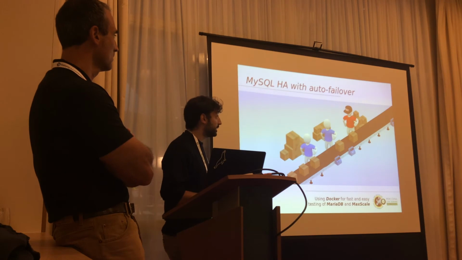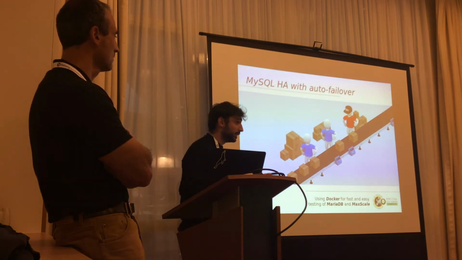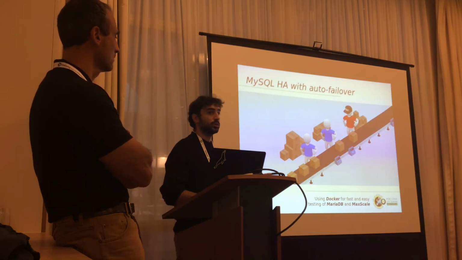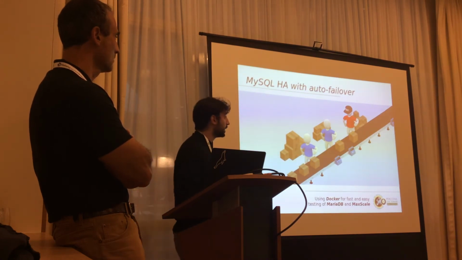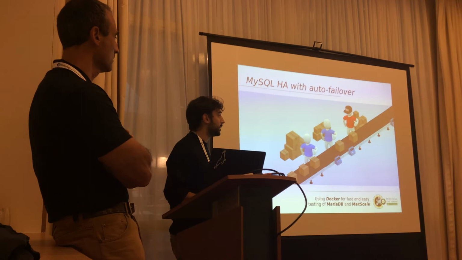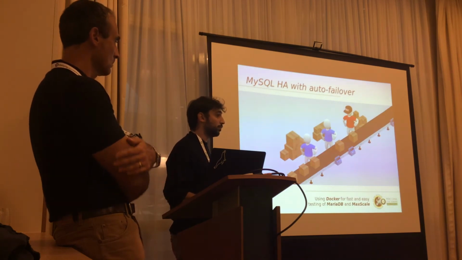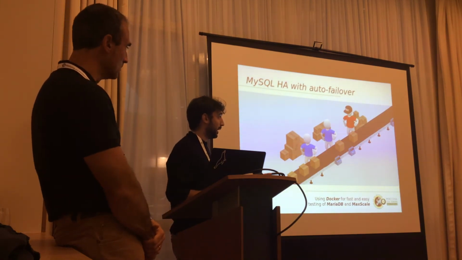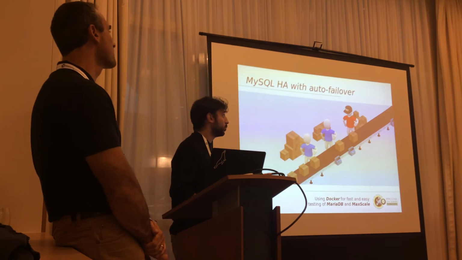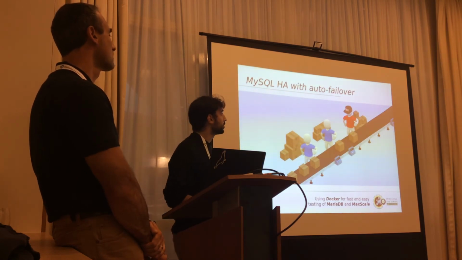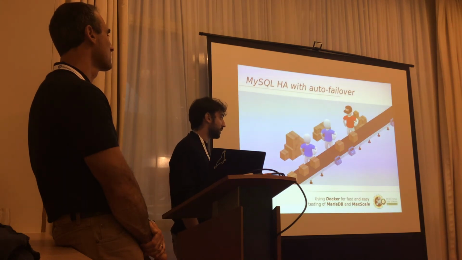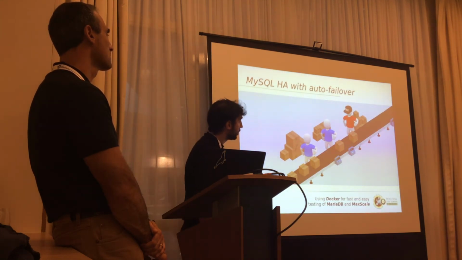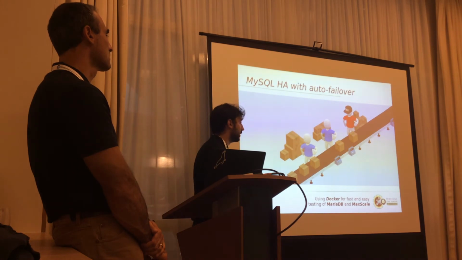The last example is actually something that is still on the way, because in the recent version of MaxScale, the 1.2, they have implemented in the monitor an event mechanism that could be used maybe in the future to perform auto failover when the master goes down. So as you can see, we have a bunch of databases.